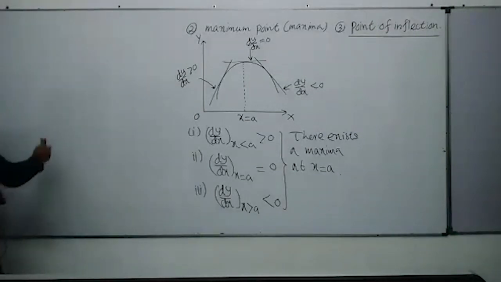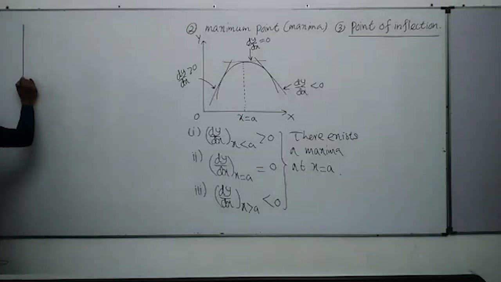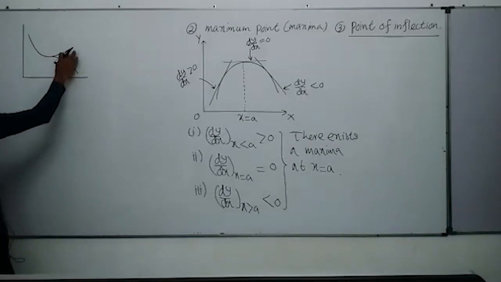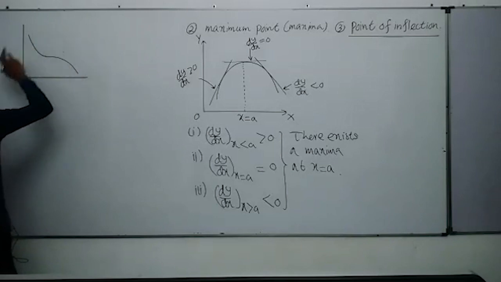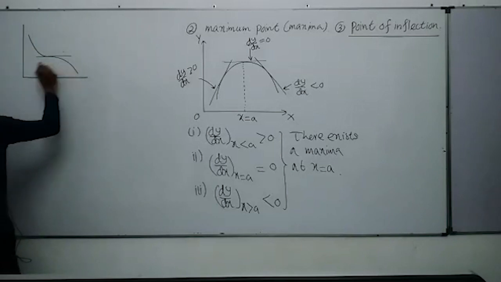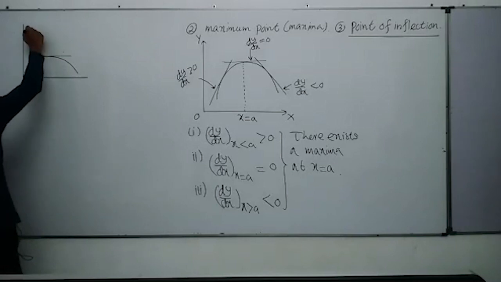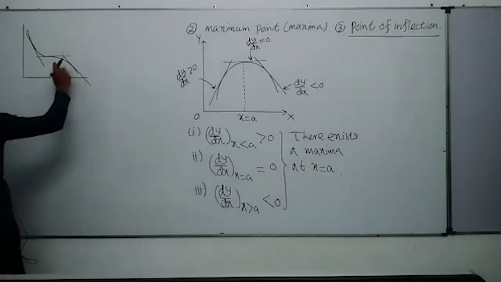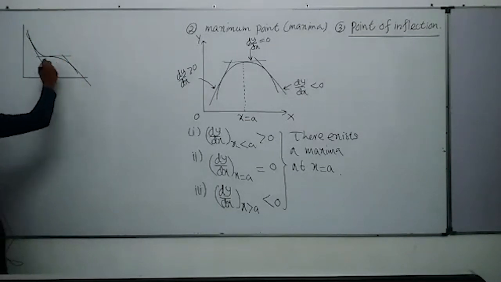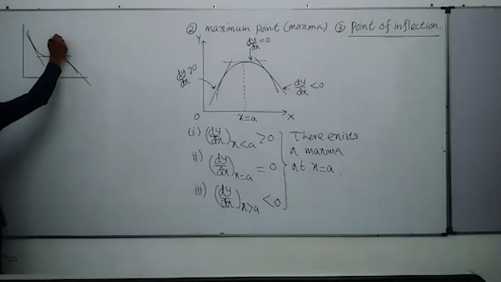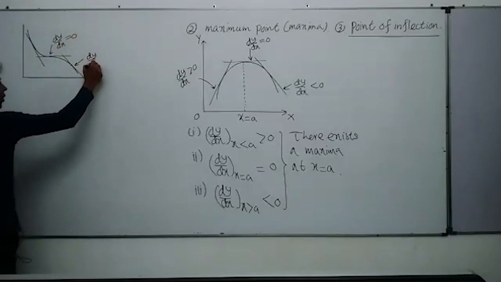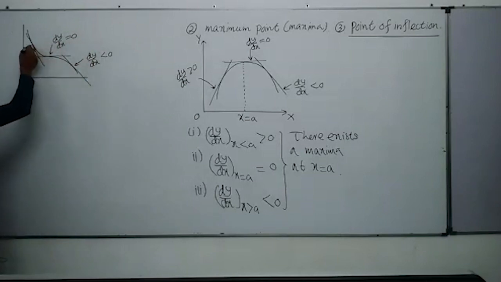We'll draw. Here on either side, the gradient has the same sign. Here dy by dx 0, dy by dx negative. Before that point also dy by dx negative.